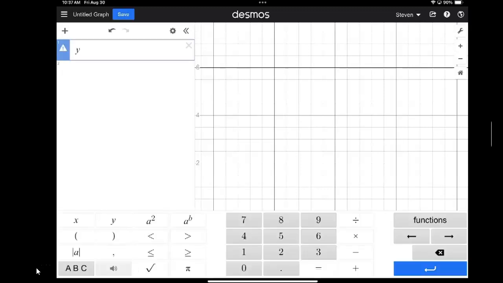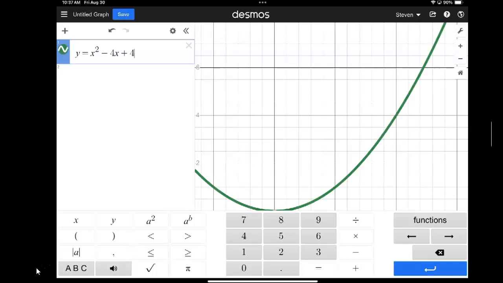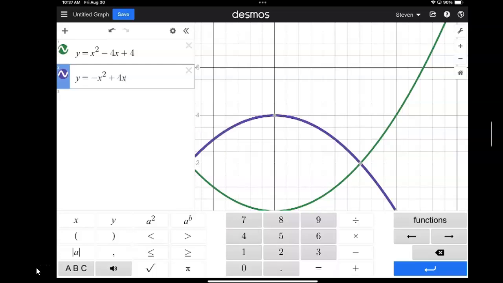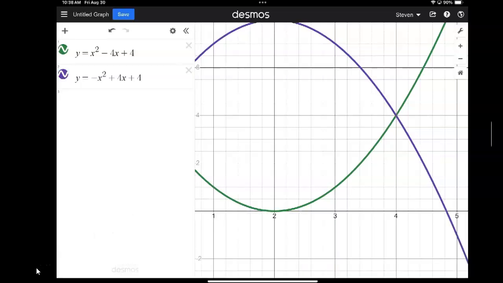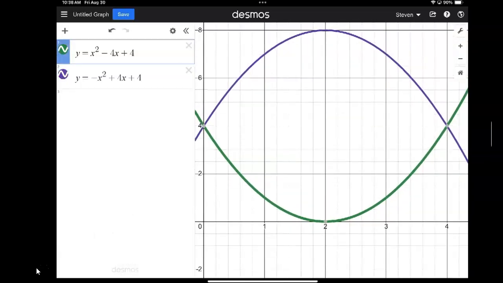So first up again is the equation x squared minus 4x plus 4. So this green graph here, that's going to be my f function, and g, which is negative x squared plus 4x plus 4. Okay, so the blue graph there, the purplish graph.